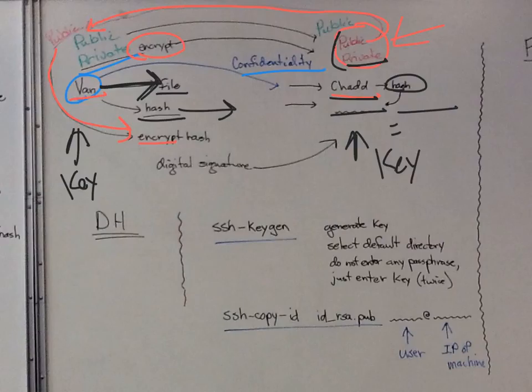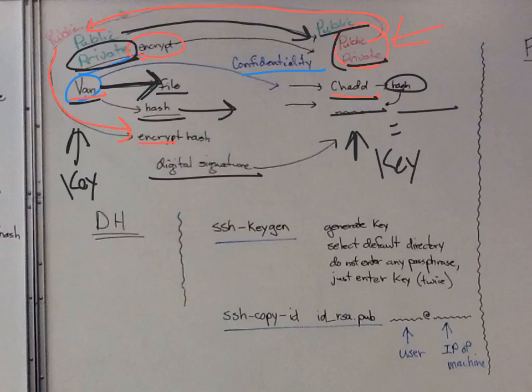Now if we want to verify, if Chad wants to make sure it came from Van, well, we can create sort of a digital signature. One way we can do that is, if Van wants to verify this, Van can send his public key over to Chad, and then he can take his private key, which nobody else in the world has.